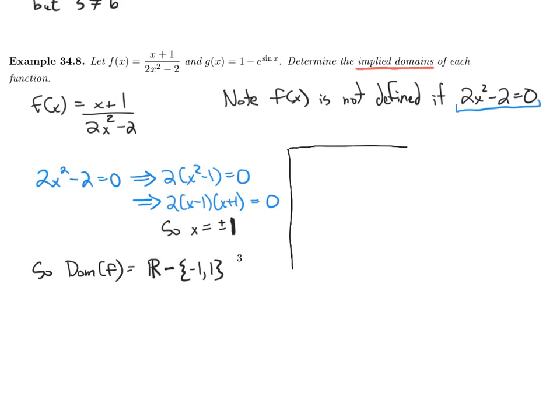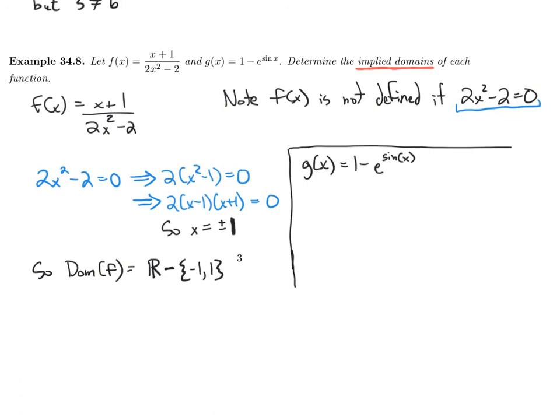And well, what about 1 minus e to the sine of x? Well, for g of x, which is 1 minus e to the sine of x, what values is sine allowed to take?